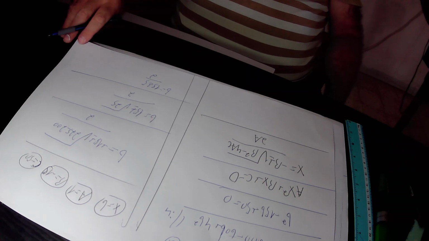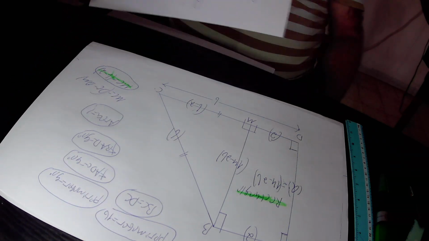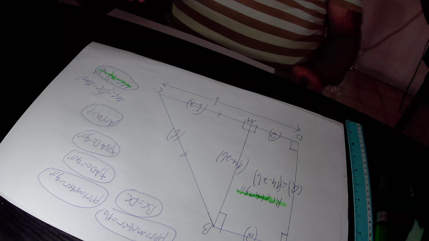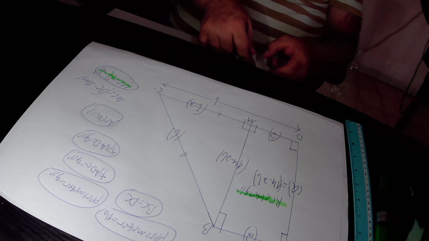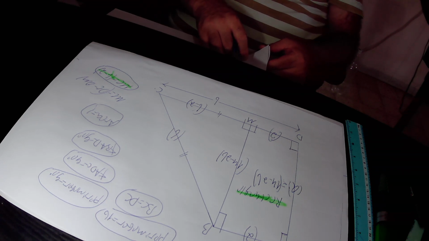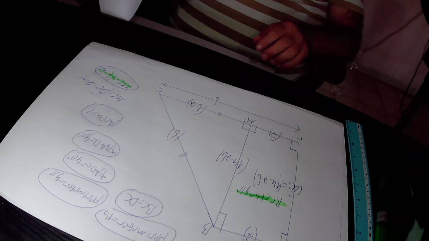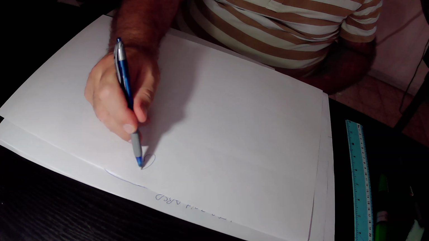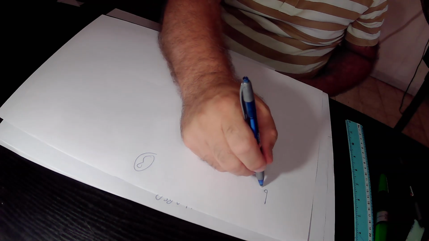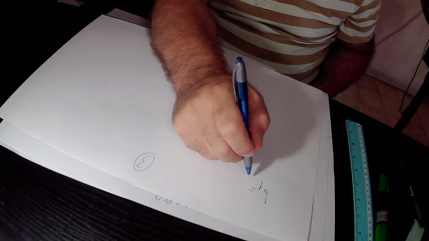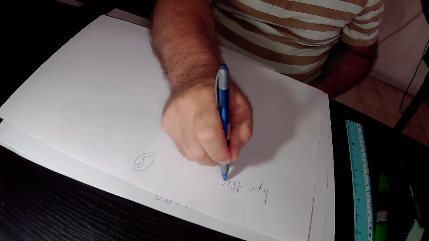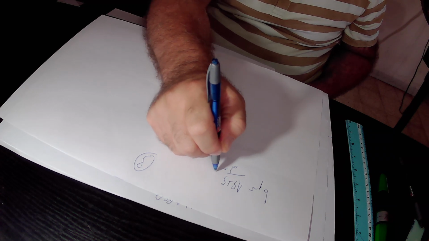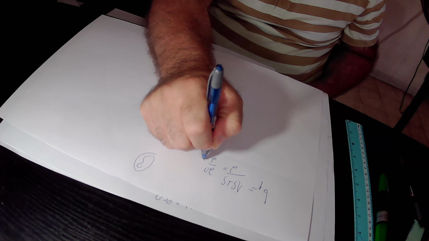The first solution, b1, equals 15 plus 5 over 2. 15 plus 5 is 20, and 20 over 2 is 10.